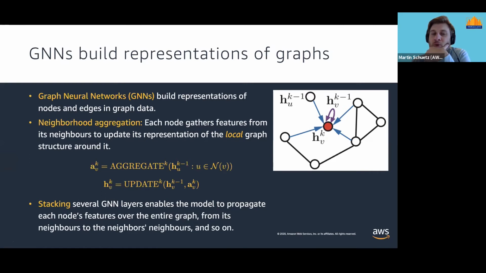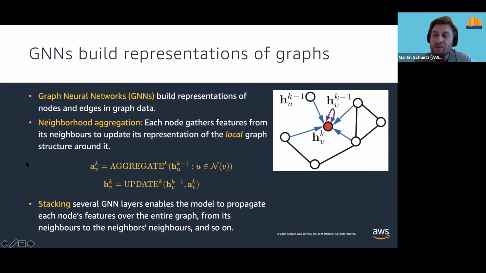Now you go through a process typically called message passing or neighborhood aggregation, where every node collects information from its direct neighbors, with the neighborhood defined by the topology of the graph. So you only gather information from your direct local neighbors. You aggregate this information, and then you pass it through a nonlinear activation function, as you typically do in deep learning, to update the internal representation of a node.